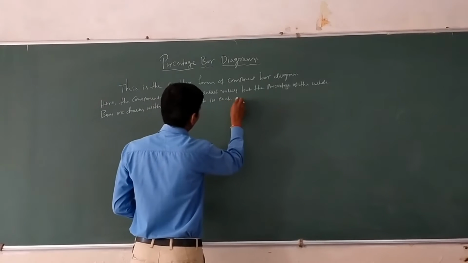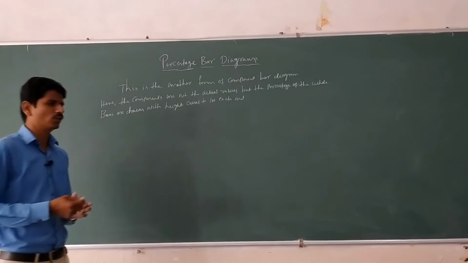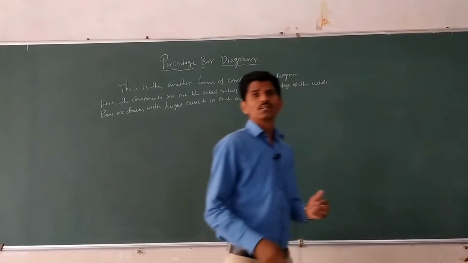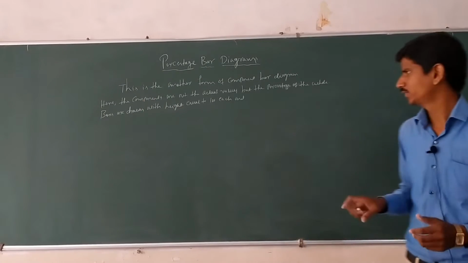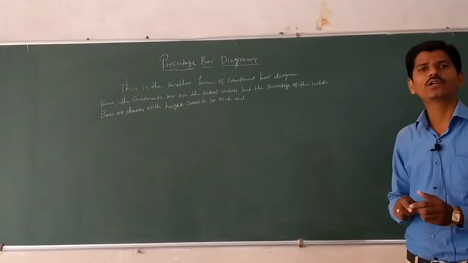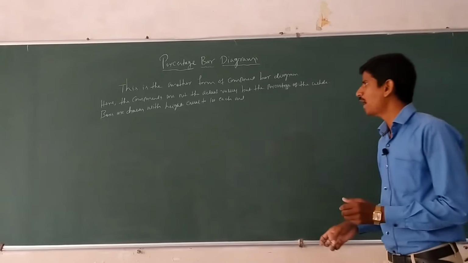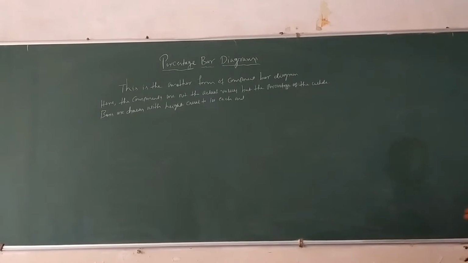In a component bar diagram, the height equal to the highest value, the highest cumulative frequency, is the total height. Here in the percentage bar diagram, bars are drawn with height equal to 100 each, and bars are divided into segments.